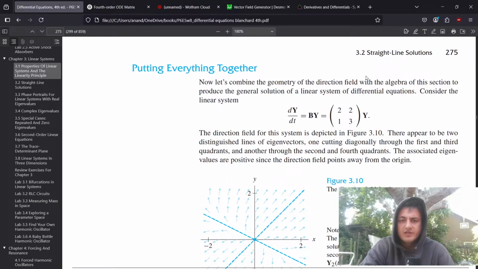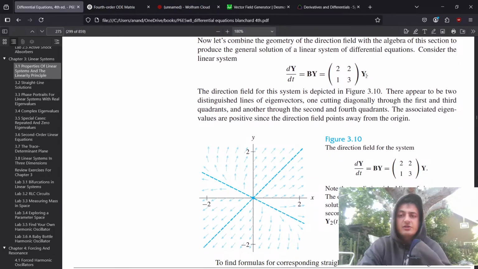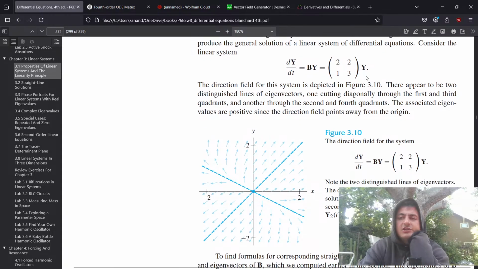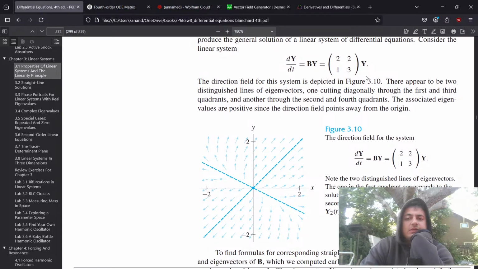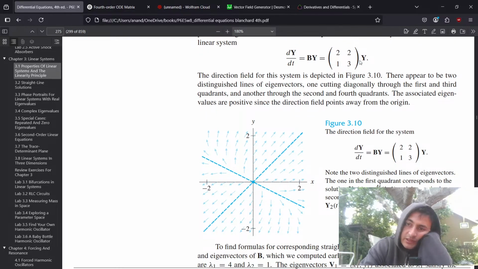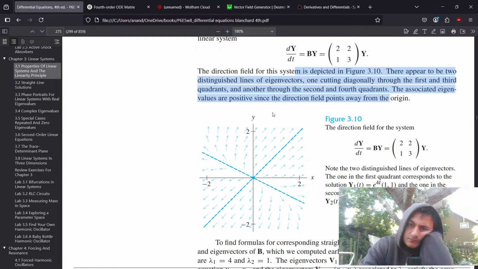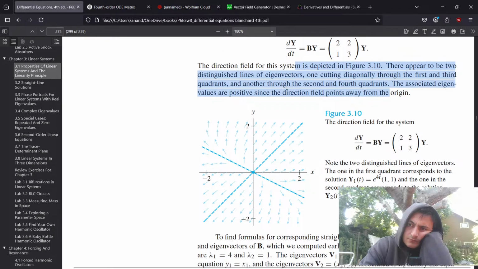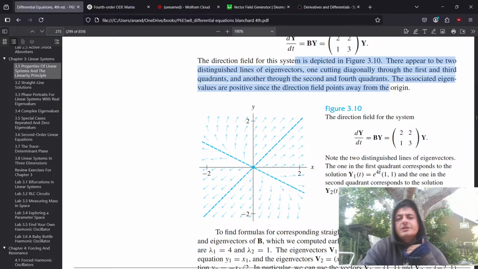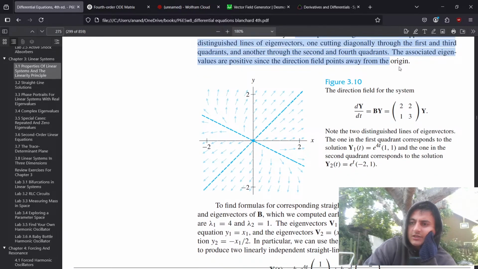All right, putting everything together, let's combine the geometry of the direction field with the algebra of this section to produce the general solution of a linear system of differential equations. Okay, consider 2213 like we had before. The direction field for the system is depicted in 3. There appear to be two distinguished lines of eigenvectors, one cutting diagonally and the other one the other way.